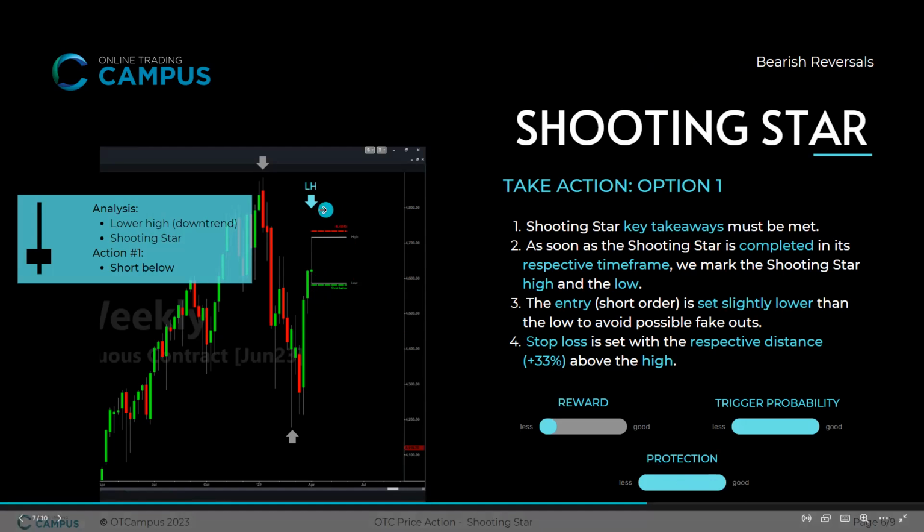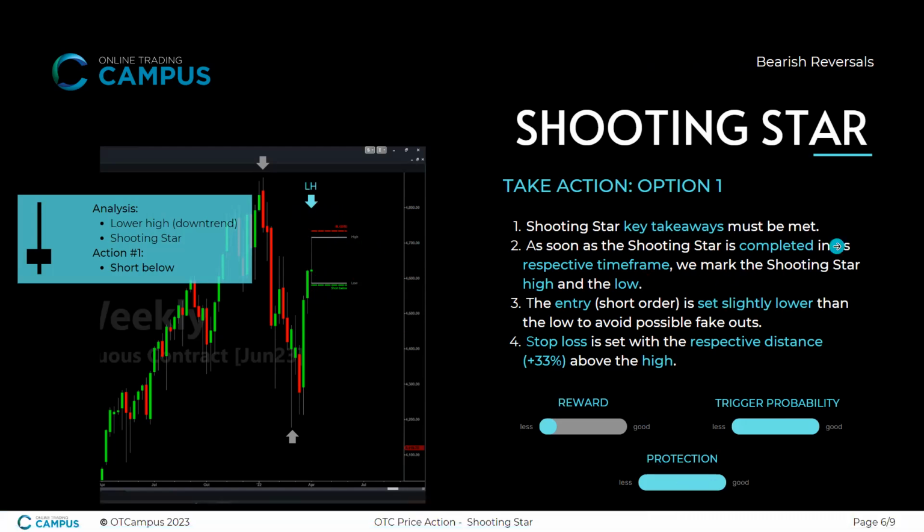Your stop loss is above your high. Good, that's option number one, one of my favorites, because it's so easy to trade, and you have a great trigger probability and the best of the best protection. Means I will not lose money.